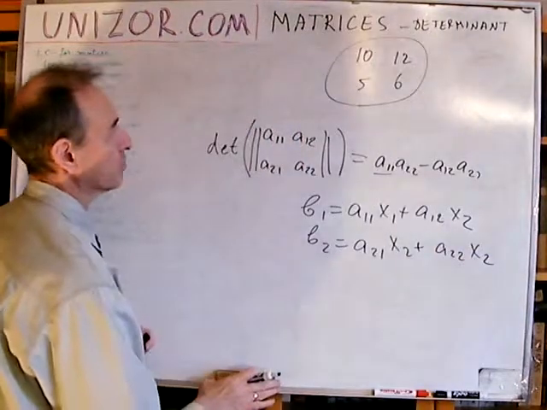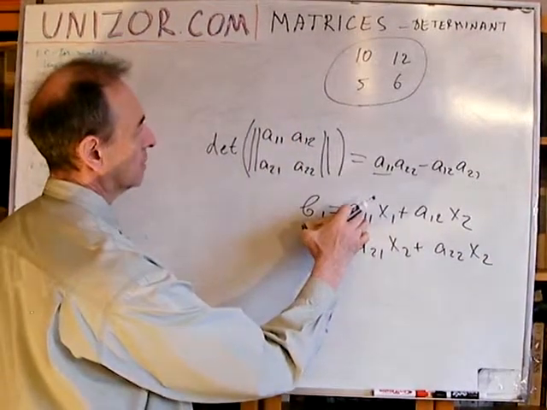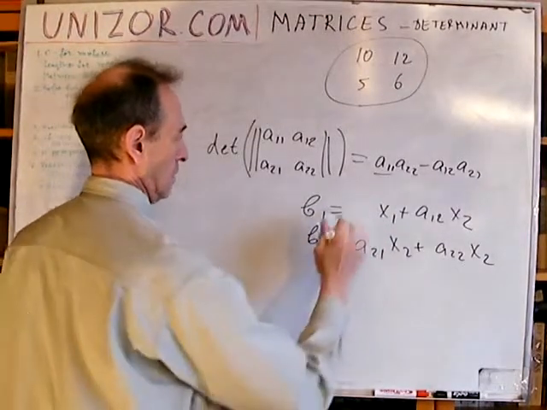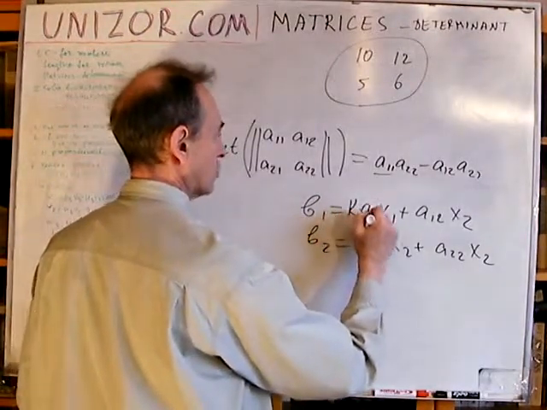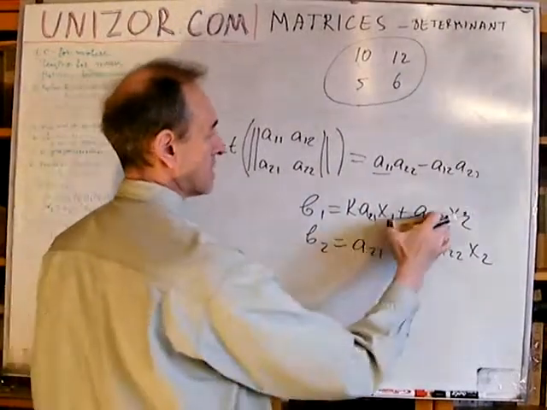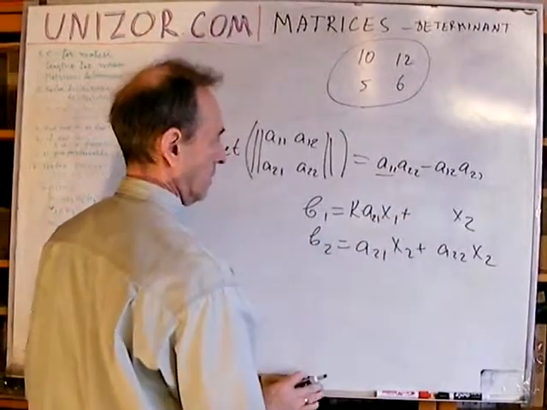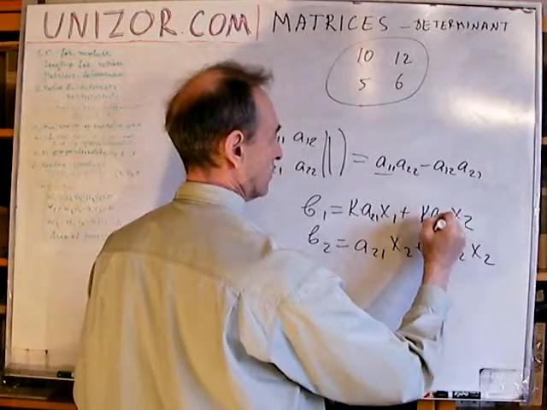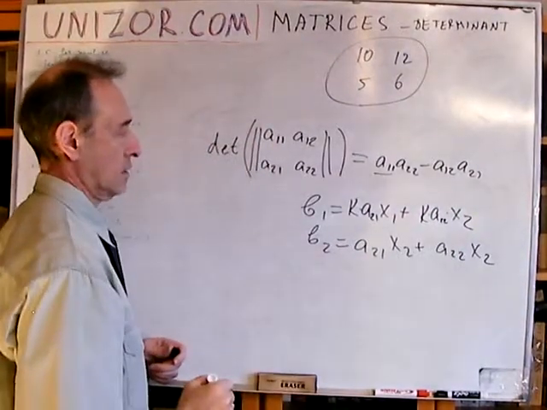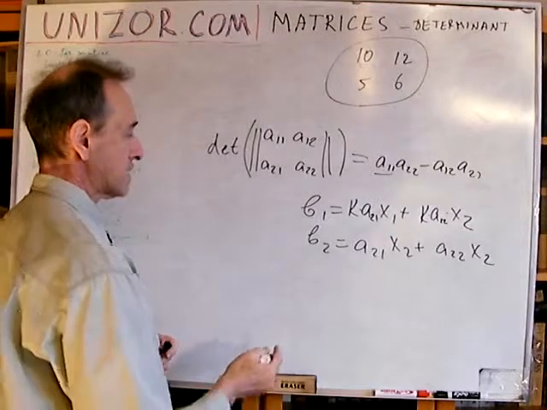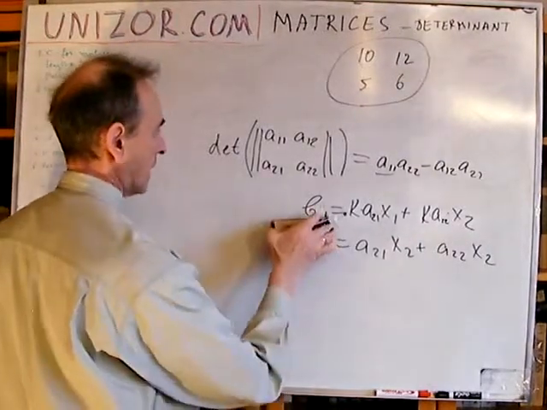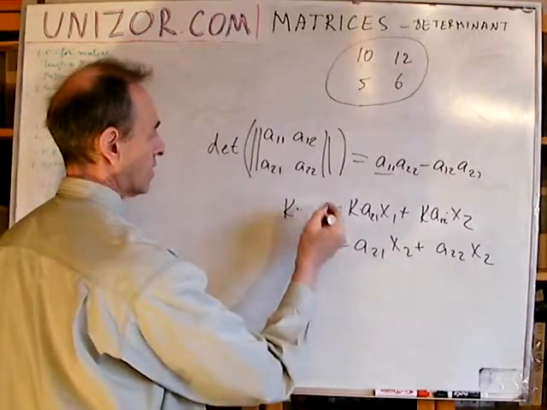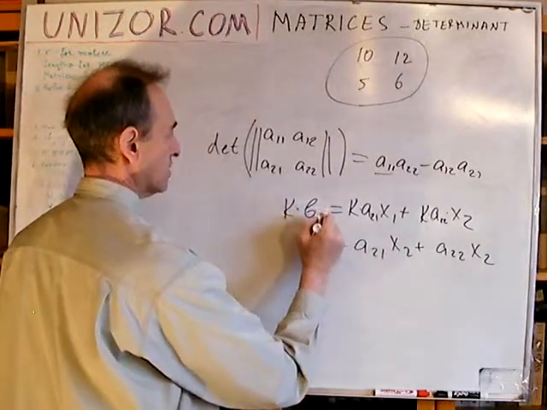We are replacing A11 with K times A21, so it's K times A21. And we replace A12 with K times A22.